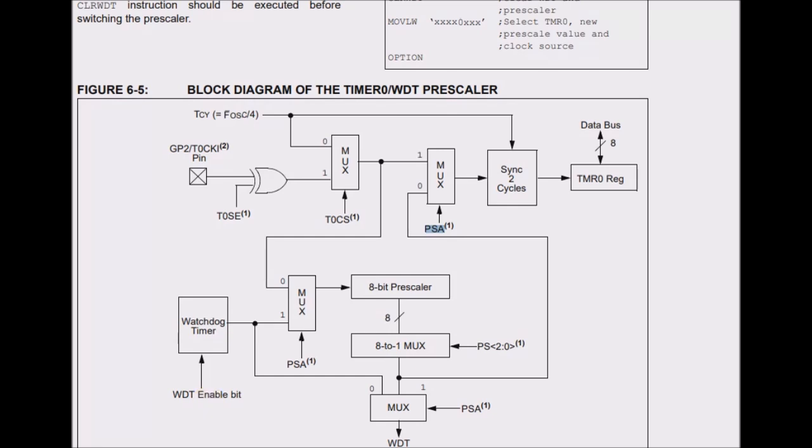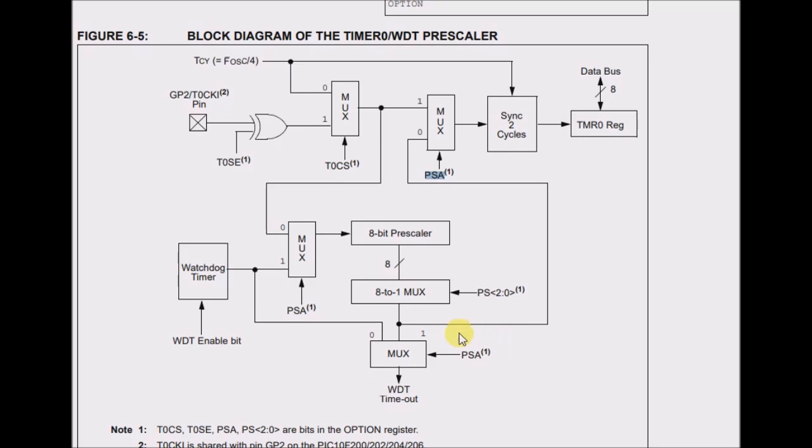Funny, I won't be covering the watchdog timer. Well, I never say never, but I don't intend to cover the WDT in this series of videos, because the code I'm planning on using isn't going to use the watchdog timer. I'm just doing this to understand more about the chip. 8-bit prescaler, 8 bits to mux.